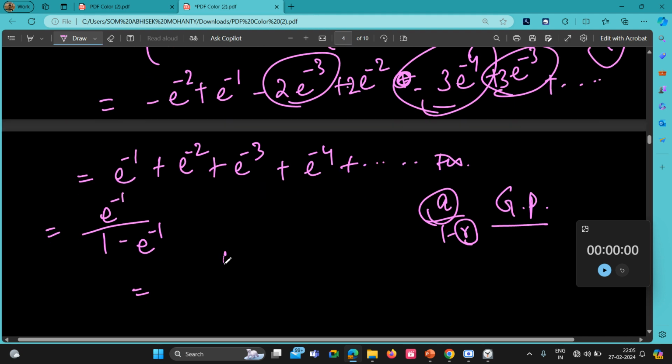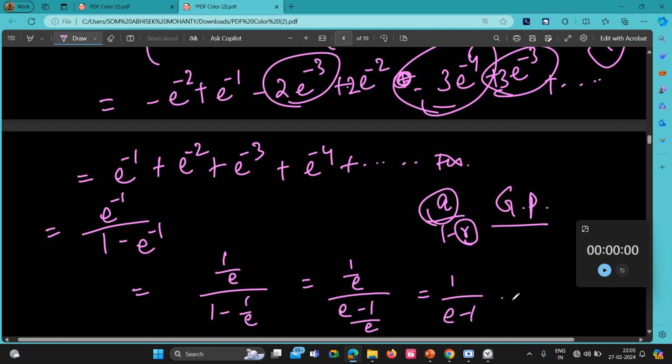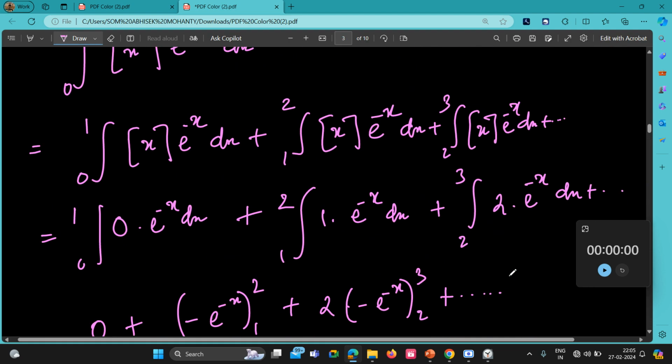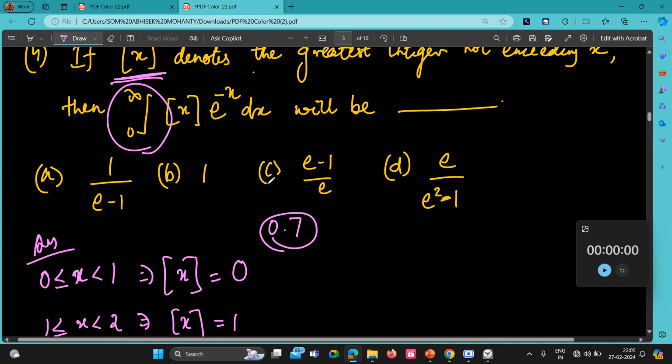So that is 1 by e by 1 minus 1 by e, which is 1 by e minus 1. Is it clear? So that is the answer: 1 by e minus 1.